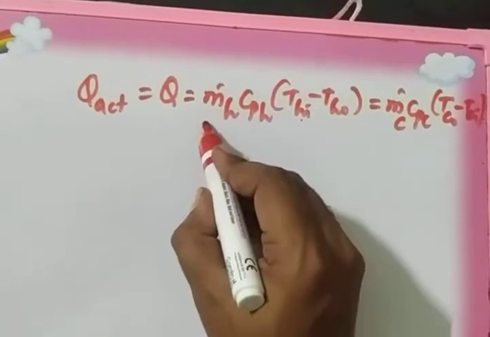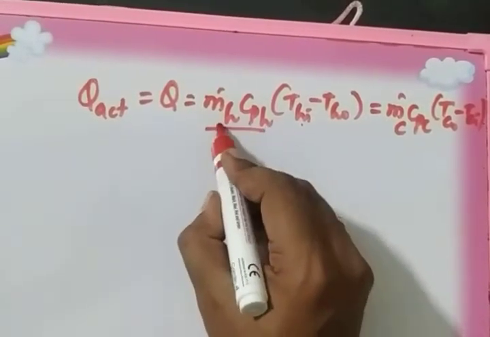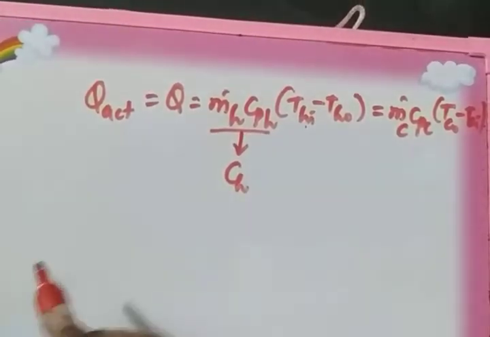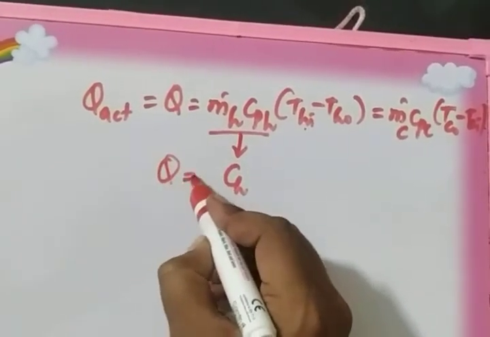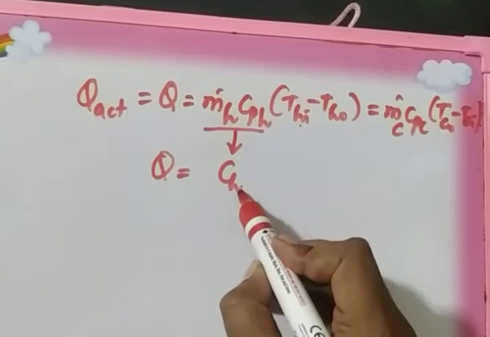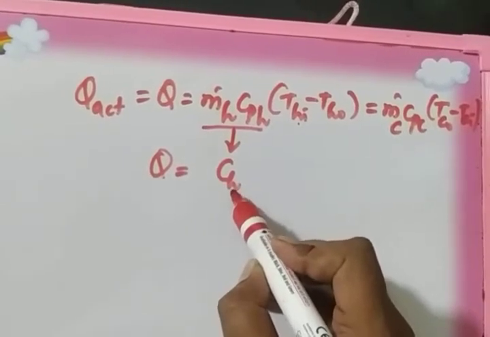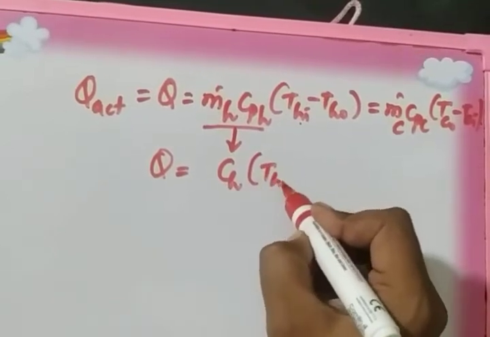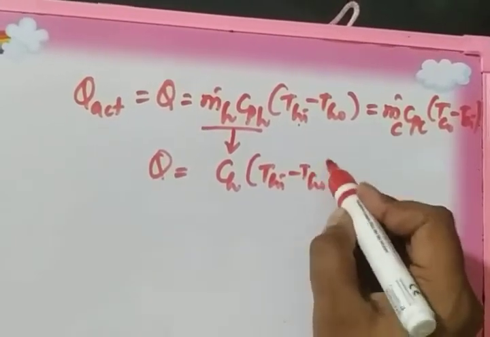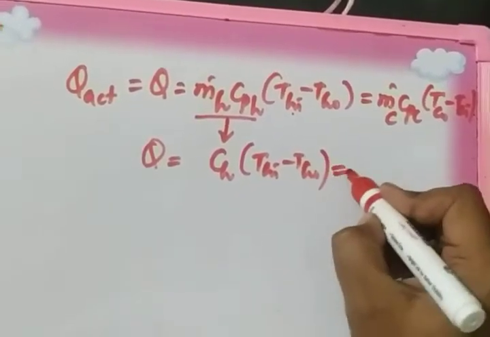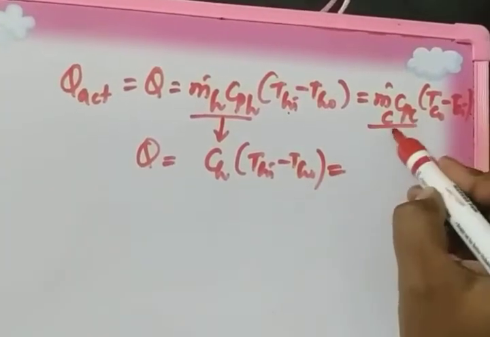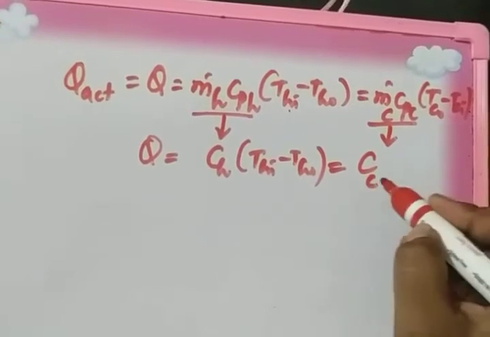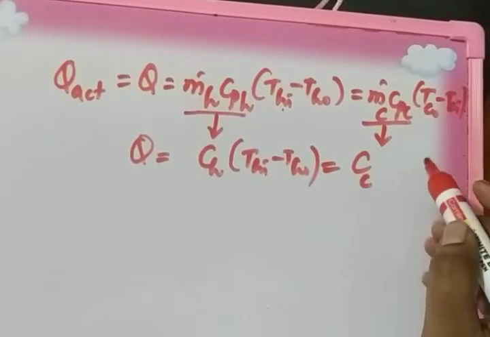We have already known that m dot h into Cph is nothing but Ch. Therefore I write the expression as Q is equal to Ch, where Ch stands for the heat capacity of the hot fluid, into Thi minus Tho. Similarly this should be equal to m dot c into Cpc, which stands for capital Cc, representing the heat capacity of the cold fluid.